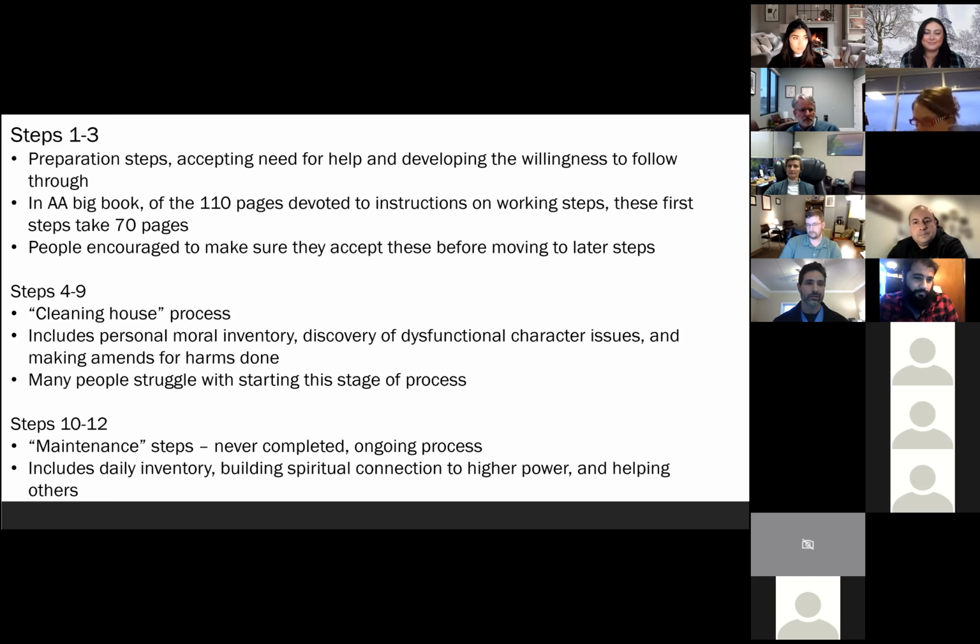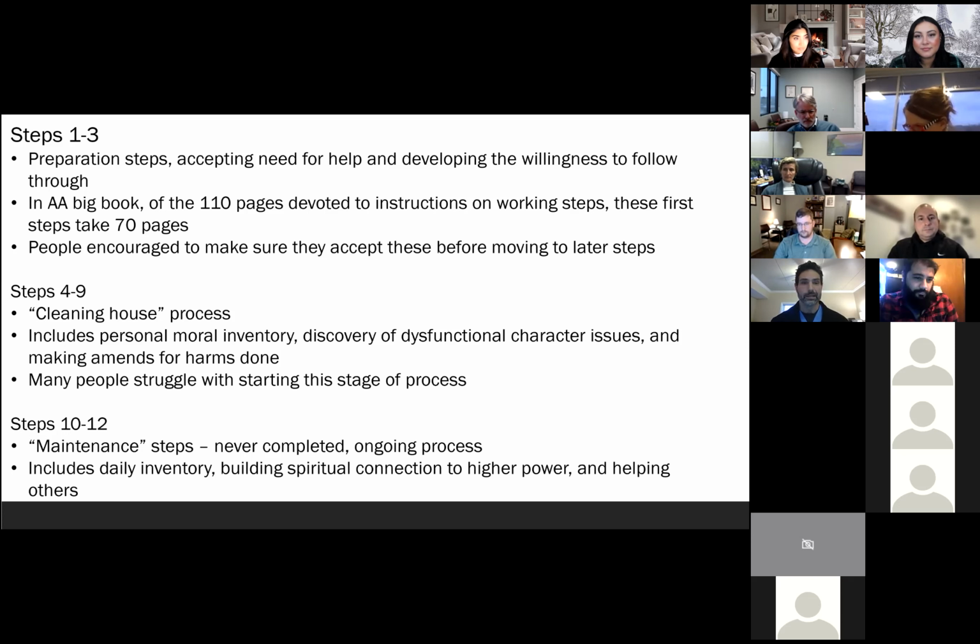All right. The second group of steps, 4 through 9, are sometimes called the action steps, or sometimes the cleaning house process. So this is really getting down and doing a lot of analysis, taking a look at the past, looking at what's going on inside a person. These include steps like taking a moral inventory, discovery of dysfunctional character issues, and also making amends for harms that have been done while people were using.